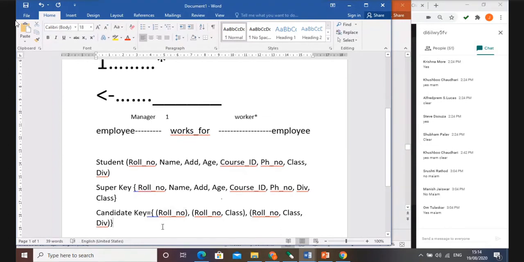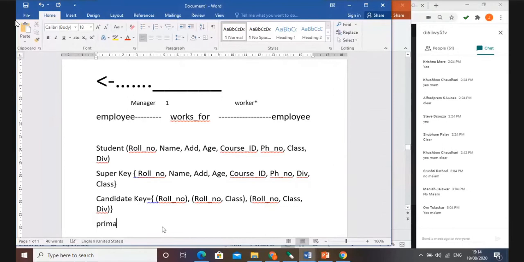So your primary key can be the same as the candidate key. Because sometimes I know that my students have a unique roll number. So my candidate key will be only this.